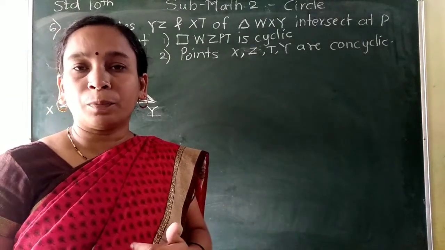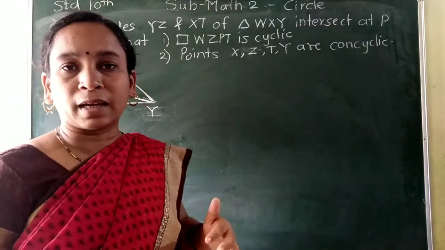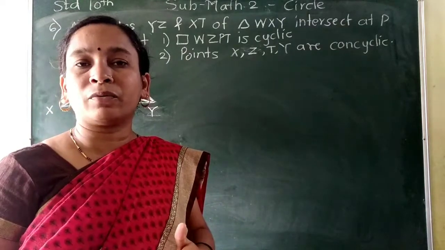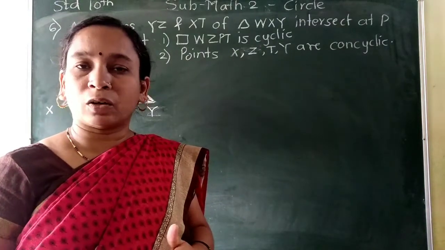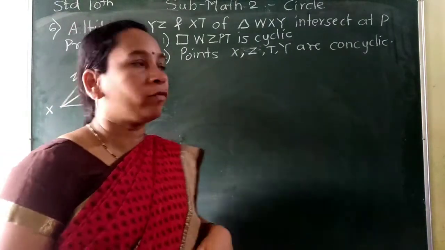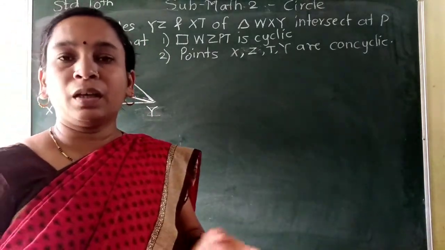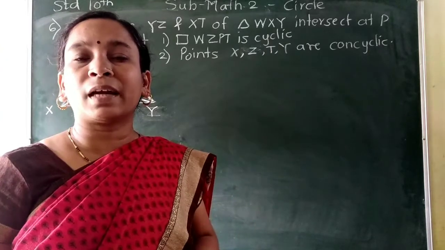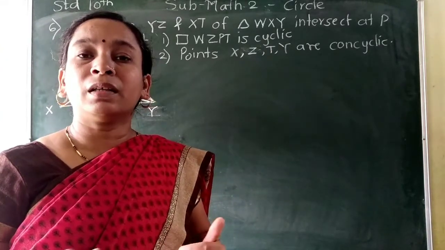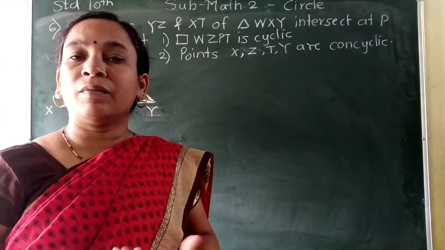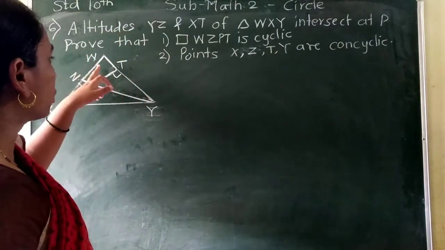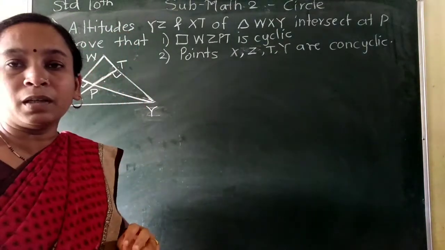If we want to prove it is cyclic, we'll take the help of the converse of the cyclic quadrilateral theorem. It means I have to prove their opposite angles are supplementary. If one pair of opposite angles is supplementary, with their sum 180 degrees, then we can say that the quadrilateral would be cyclic.